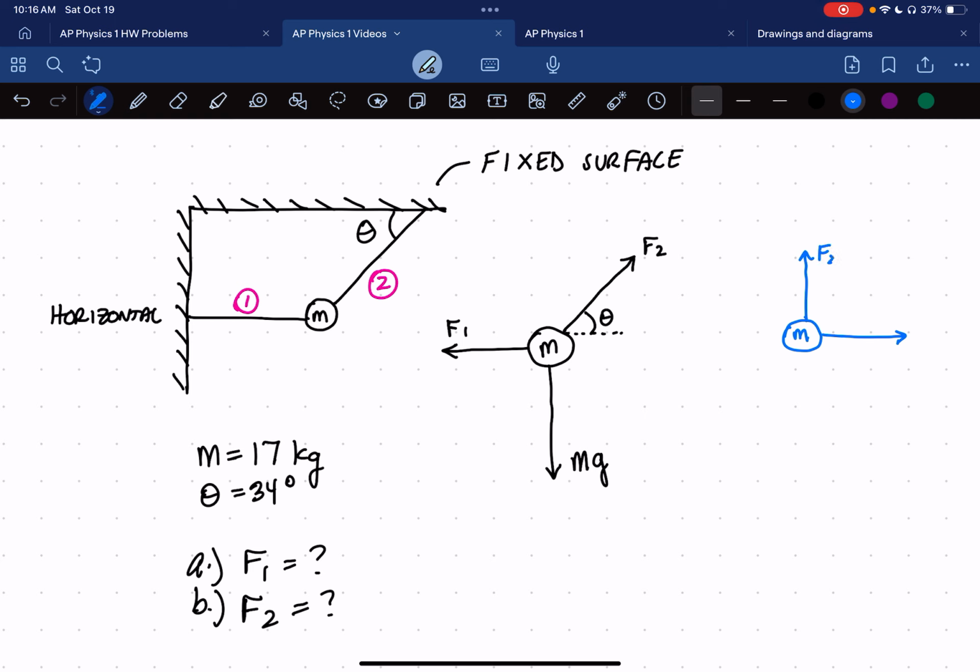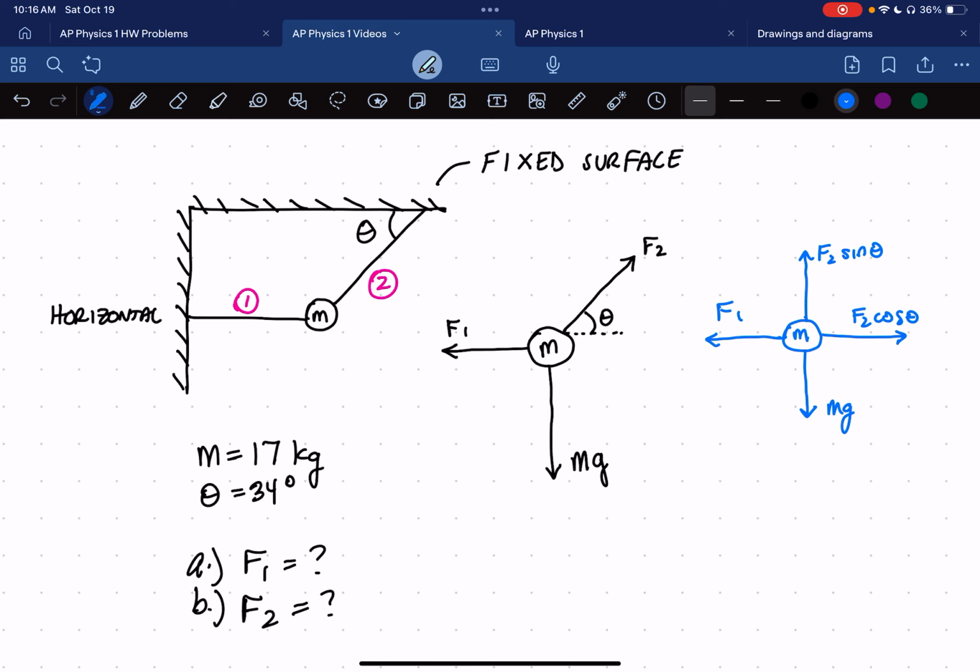This one will be called F2 sine theta, and this one is F2 cosine theta. And we'll put the actual forces, the other forces that are still on there. And this one is F1. I should make mg of equal length to F2 sine theta. Something like that.